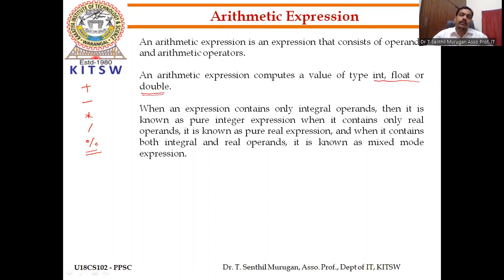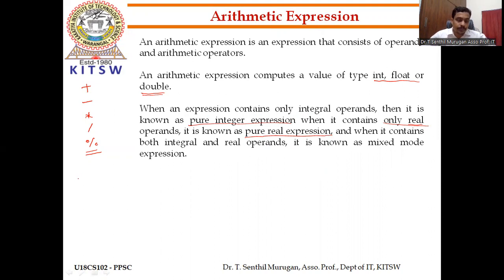It does not work with characters, and there is no exponential symbol here. Wherever we are using an integer expression, that is considered an arithmetic expression. If only integral operands are used, that is a pure integer expression. If only real operands are there, that is considered a pure real expression.